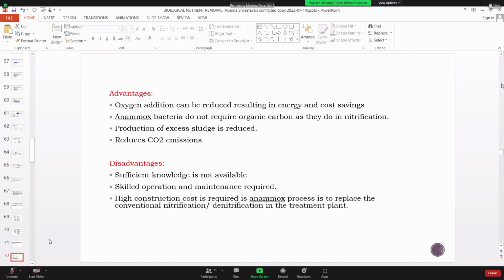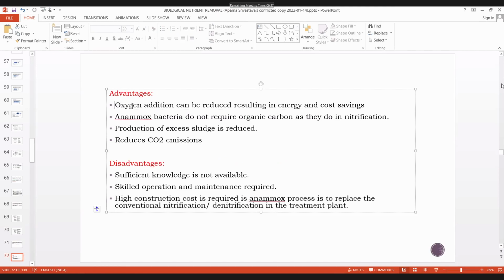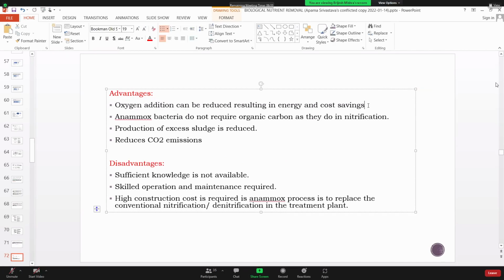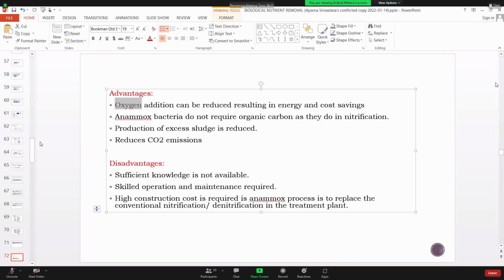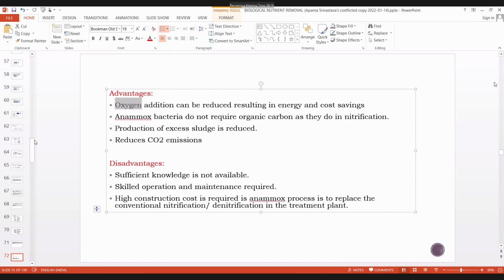Let us discuss more. What are the advantages? Oxygen addition can be reduced, resulting in energy and cost saving. So the oxygen requirement is limited. Once oxygen requirement is lower, the overall cost is going to reduce.